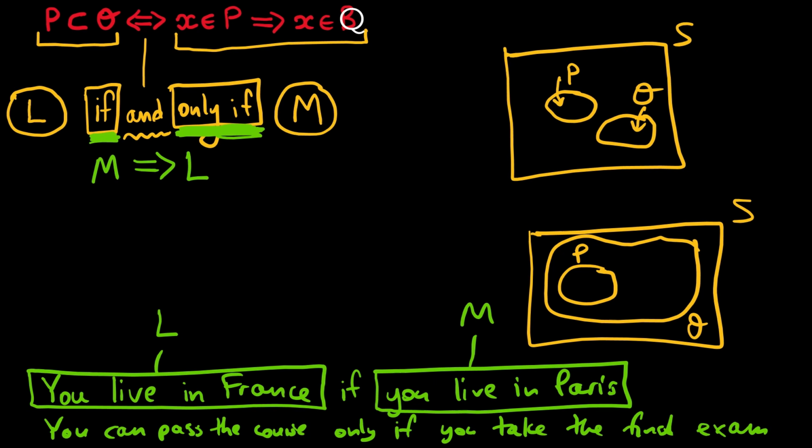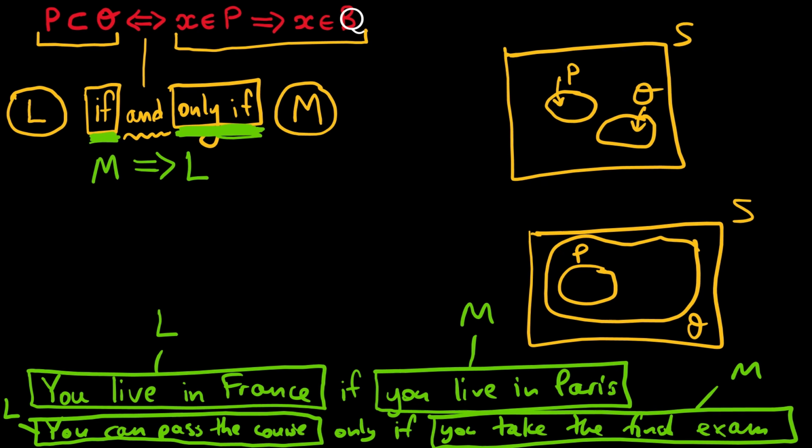So you can pass the course is now our L. You take the final exam is now our M, and they're connected by only if. So what does it mean to say that?